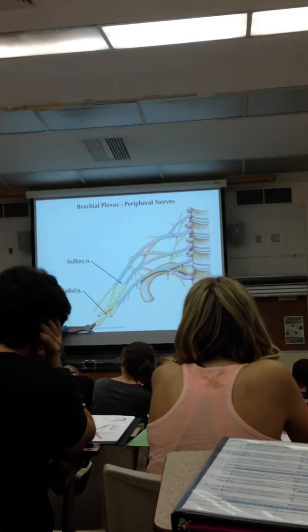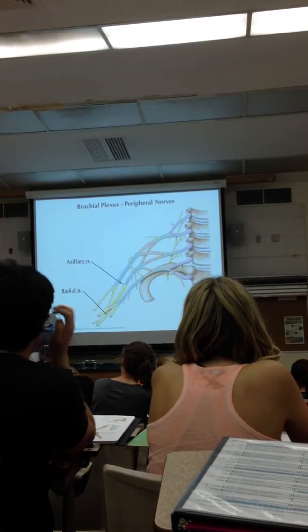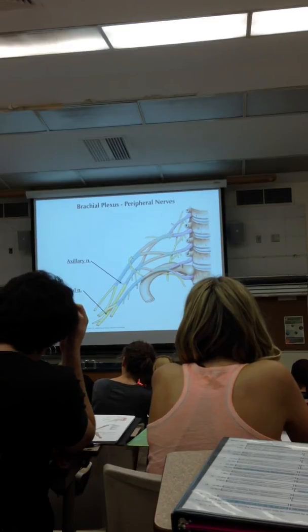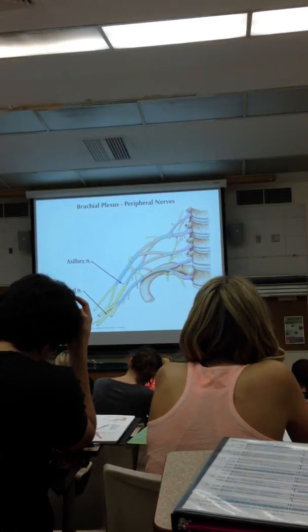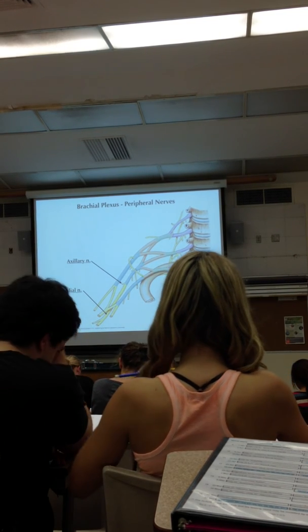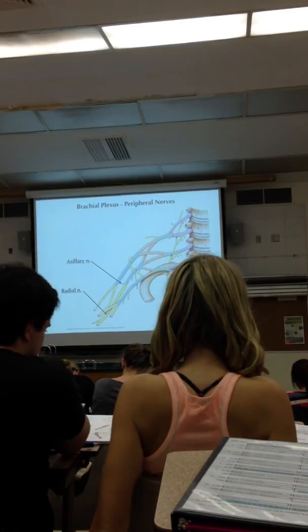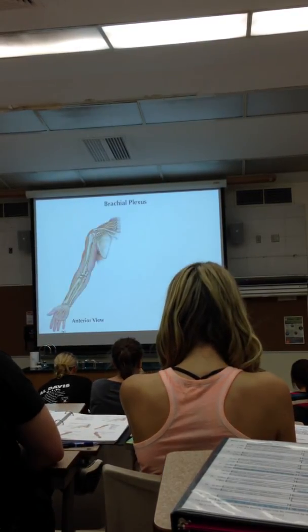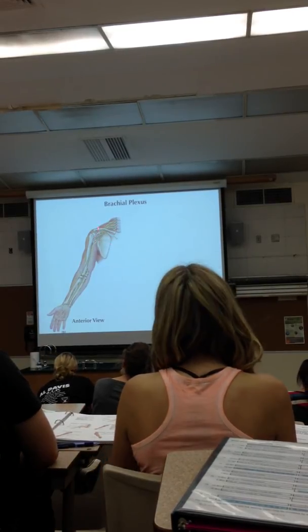These are just branches of the radial nerve. Okay? And so, we went from trunks to divisions to chords, now to basically these named nerves. And that was musculocutaneous, ulnar, median, axillary, and radial. So what do those guys go to? Here's that brachial plexus.